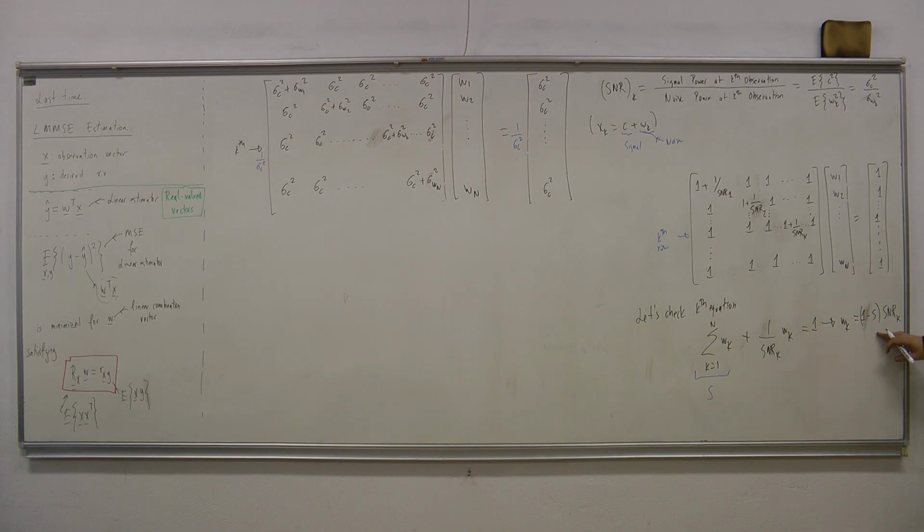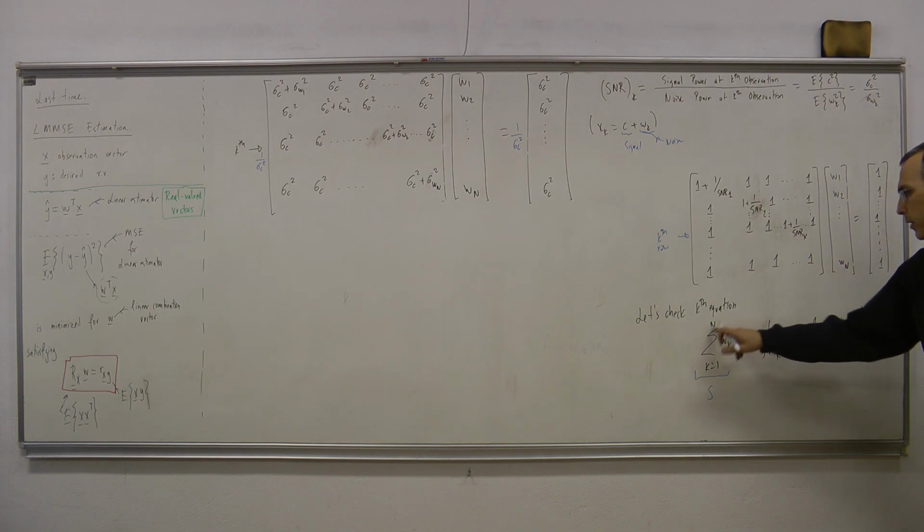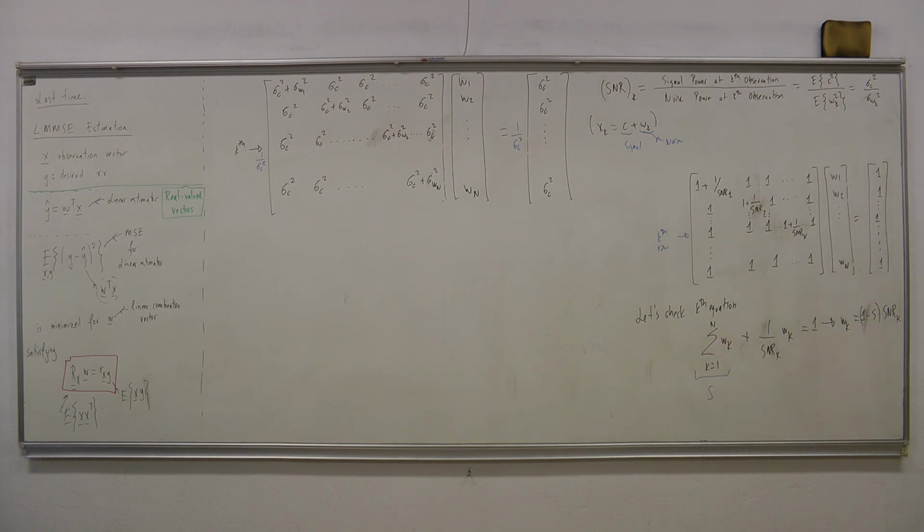So what we observe is the following. Kth weight is proportional to SNRK. So if I increase this SNRK, then kth weight increases. So that is the case. Okay, so there is this proportionality. Of course, it's a little bit more complicated because there is this S factor containing WK also, but let's see.